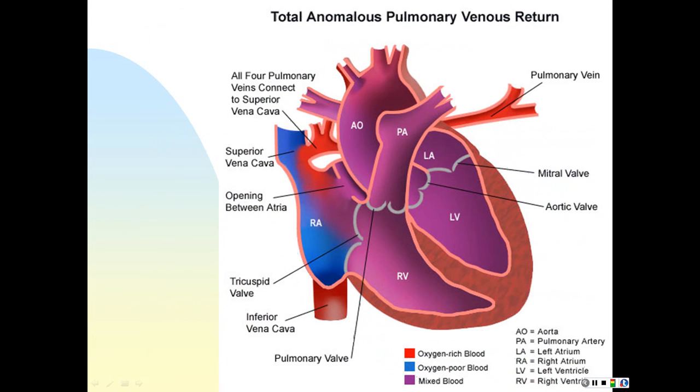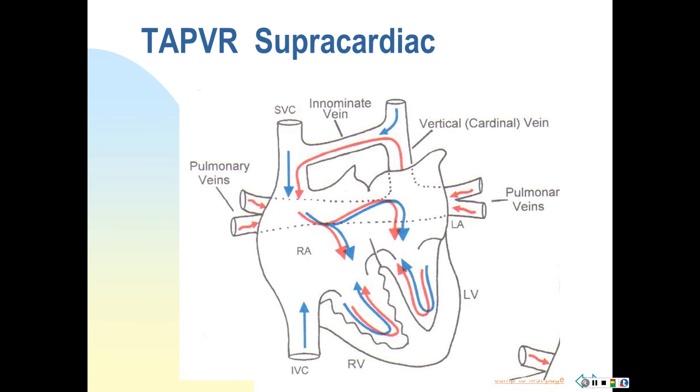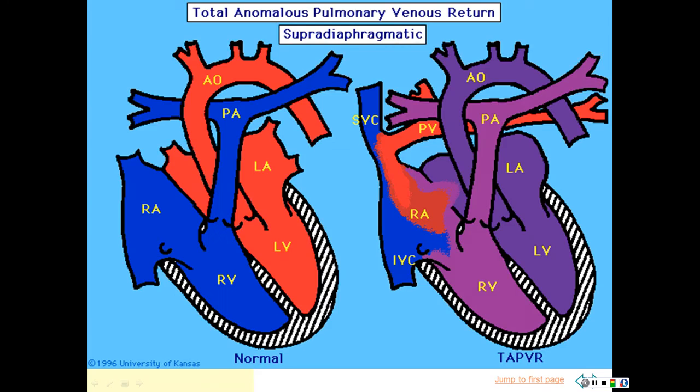Or is it infracardiac, which means it's below the heart? So here's one, and you can see they're connected right here to the superior vena cava. So this is the supracardiac, above, outside of the heart. Again, you can see where they're connecting right back into the veins very close to the heart.